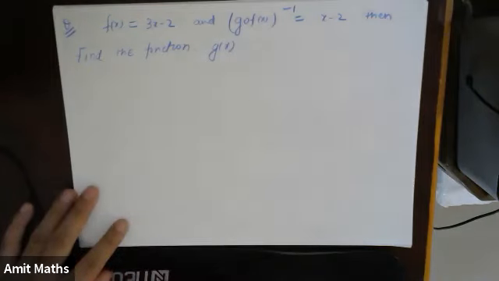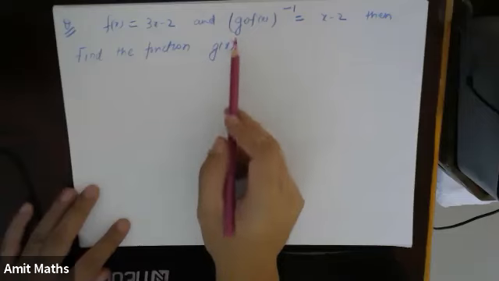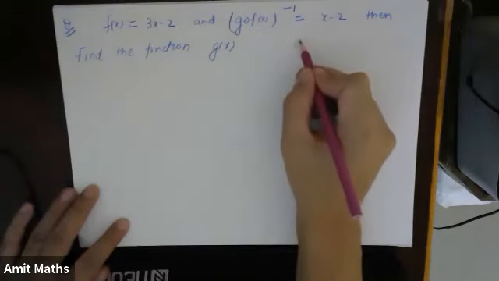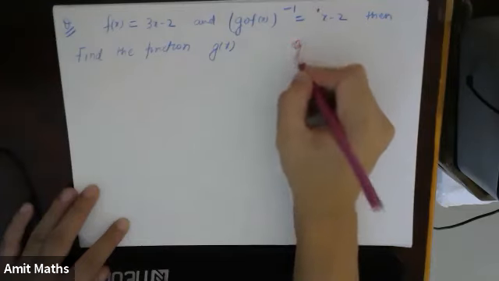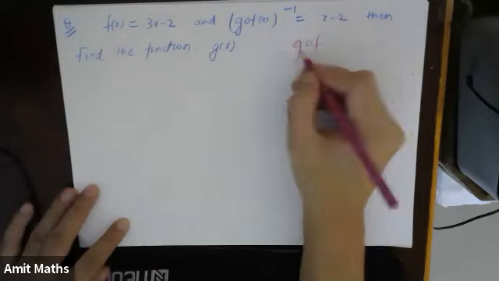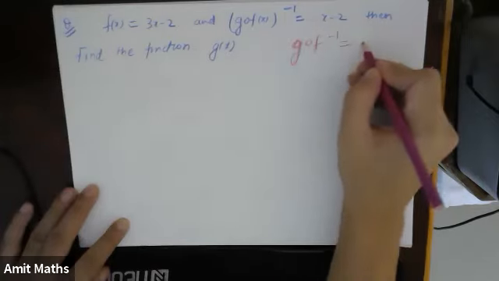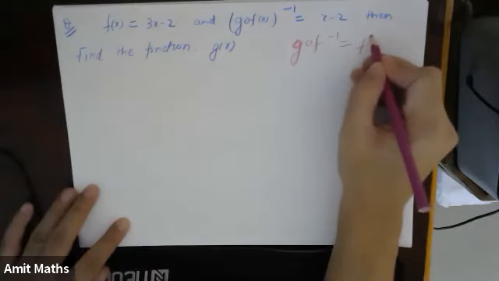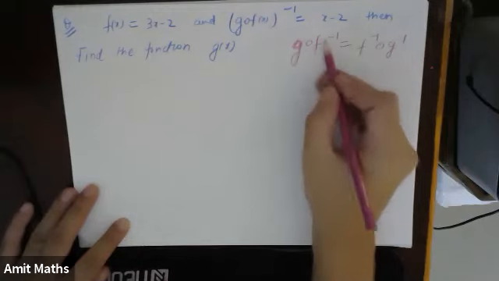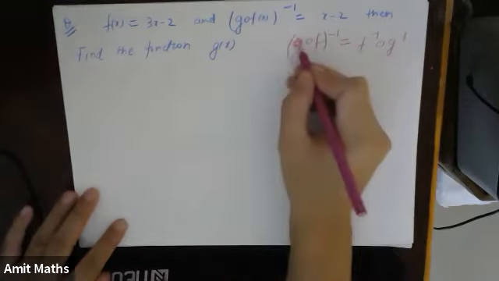For this one, if you remember the first day of inverse functions, when I gave you the properties of inverse function, I told you that g o f inverse will be equal to f inverse of g inverse.